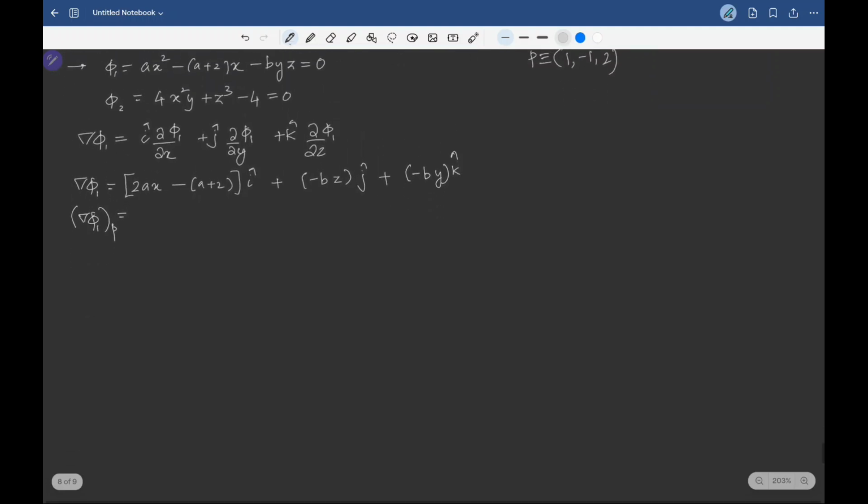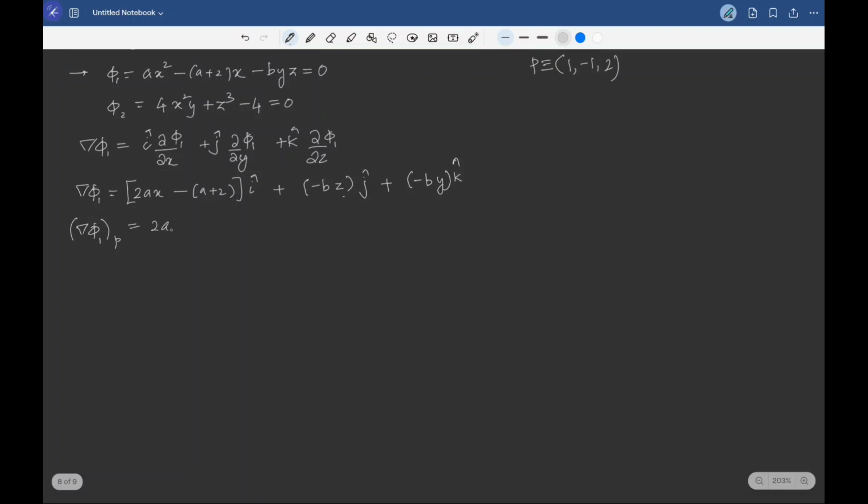Substituting the values, we get 2a into 1 is 2a, minus a plus 2, i cap, plus minus b into z is minus 2b j cap, minus b into y is plus b k cap. So we get del phi 1 at point P is equal to, I am writing it directly now, a minus 2 i cap minus 2b j cap plus b k cap.